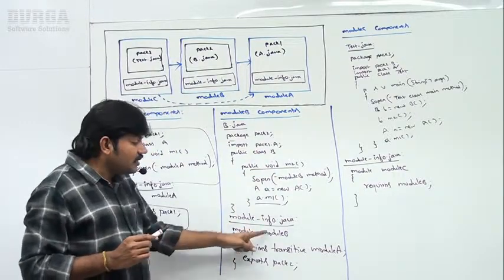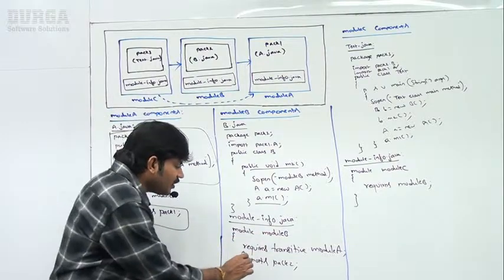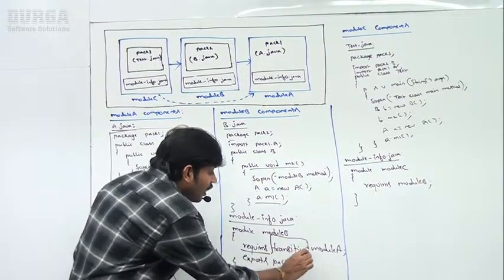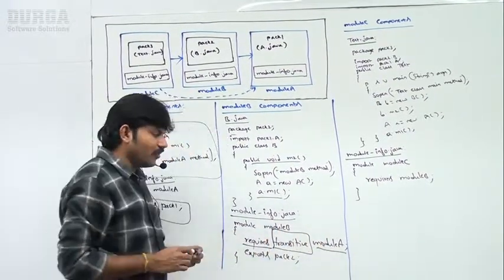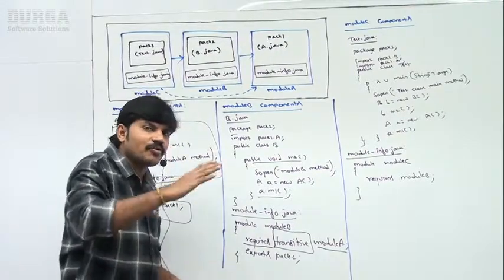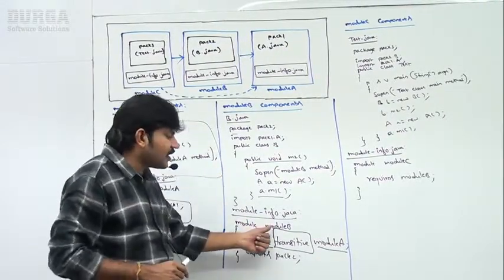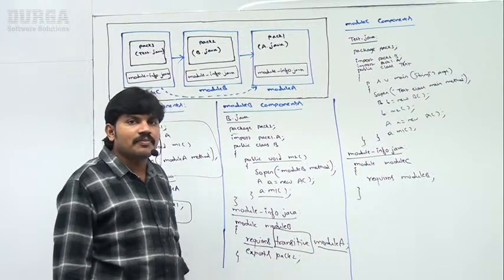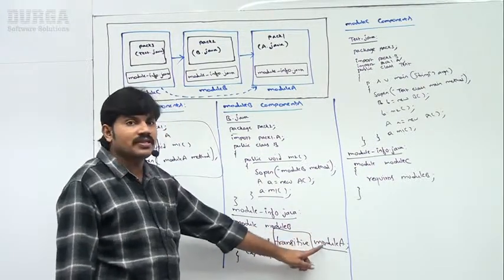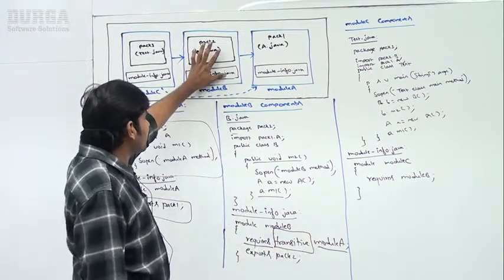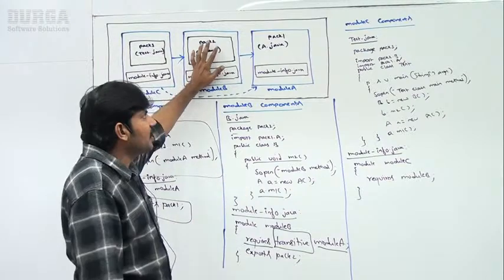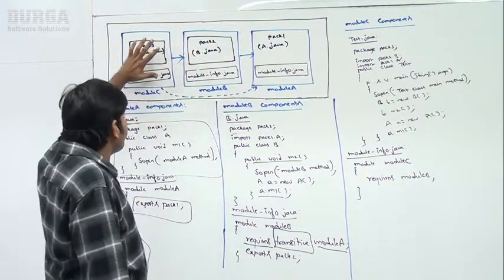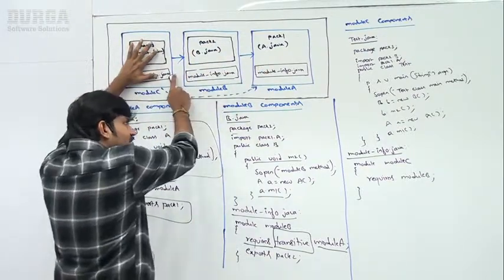Next, inside module B, observe that requires transitive module A. Sir, if any person requires module B, automatically module A is available. Remember that. So for module C, B is available.